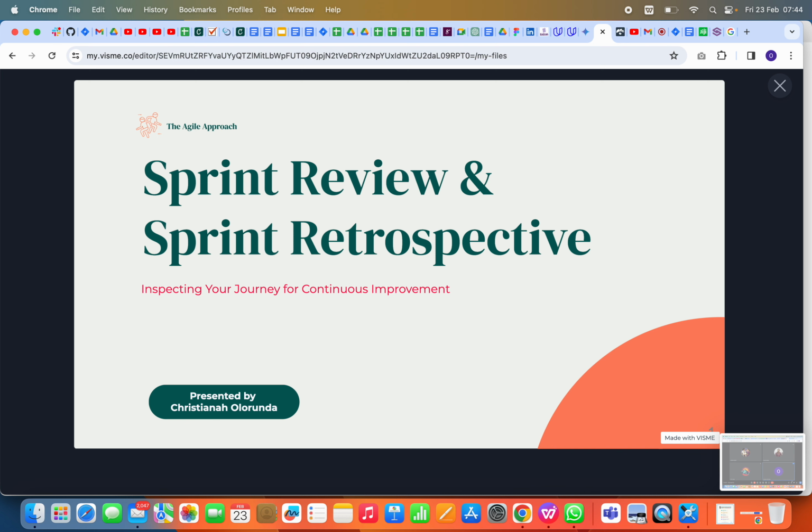Now we are going into sprint review and sprint retrospective. These are the basic things that you need to know about Scrum. When we get practical, you will understand better.